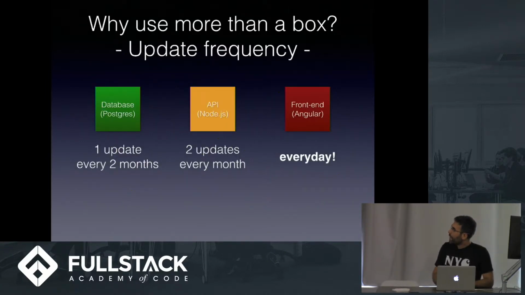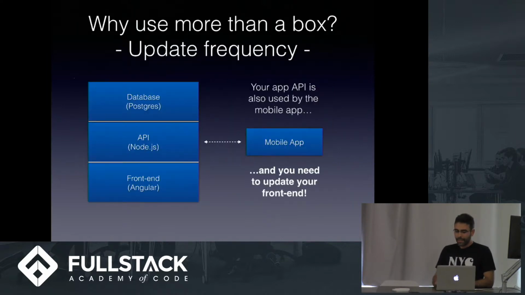So I would say this can give you an idea of how often you update: a database is probably updated every 2 months, your API 2 updates every month, and your front end every day.